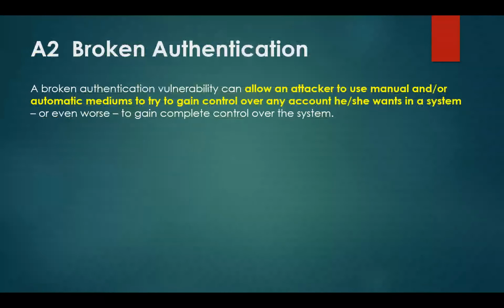The second is broken authentication. A broken authentication vulnerability can allow an attacker to try, manually or automatically, to gain control over any account they want in a system, or even to gain complete control over the system.